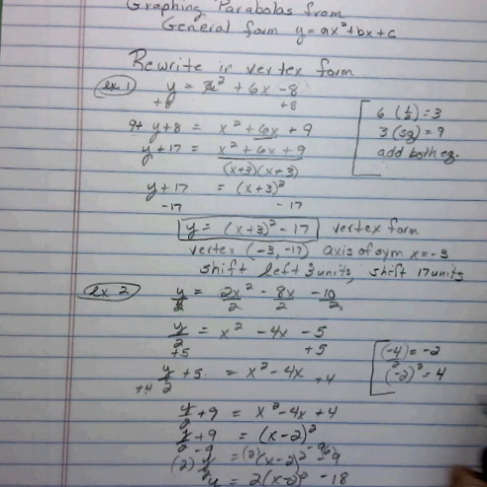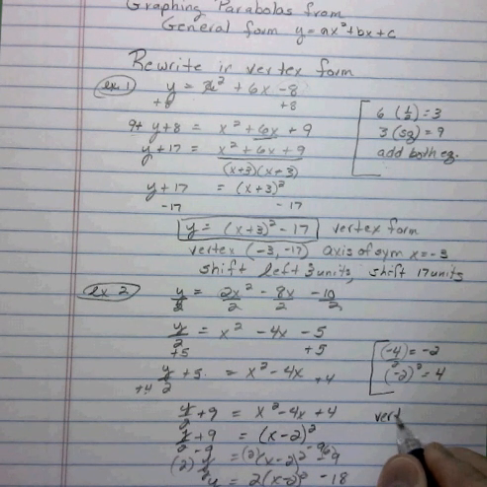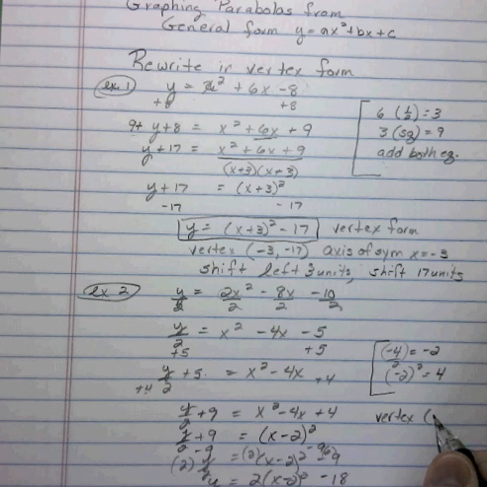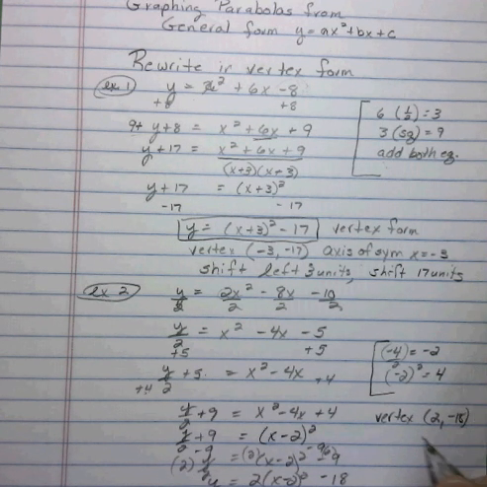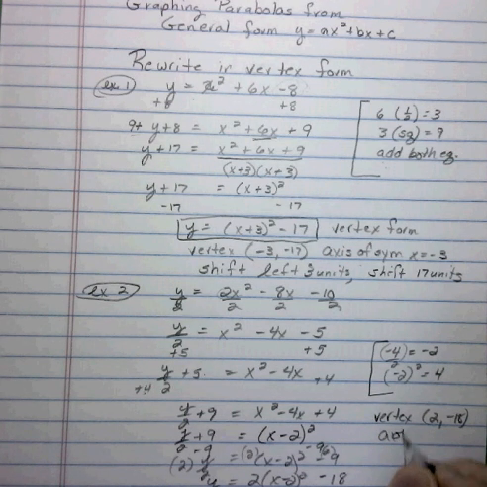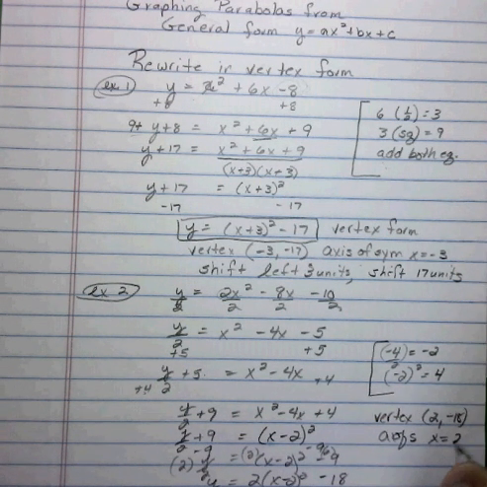And so then as we talk about our vertex point, our vertex in this case is at the location 2, negative 18. Our axis of symmetry is at x equals 2.